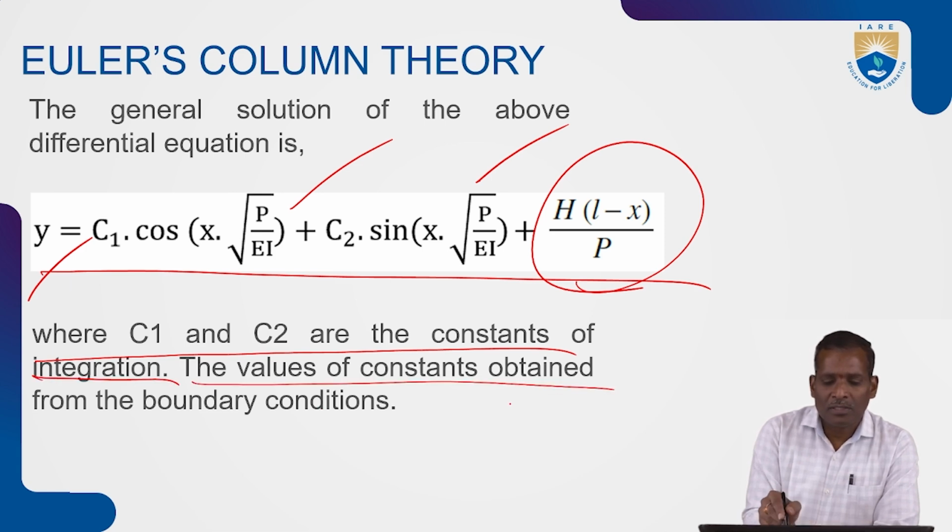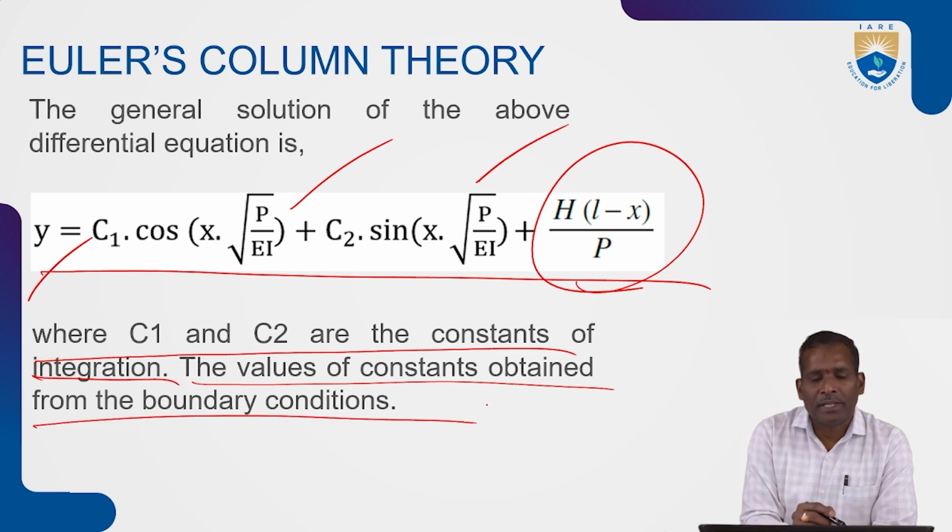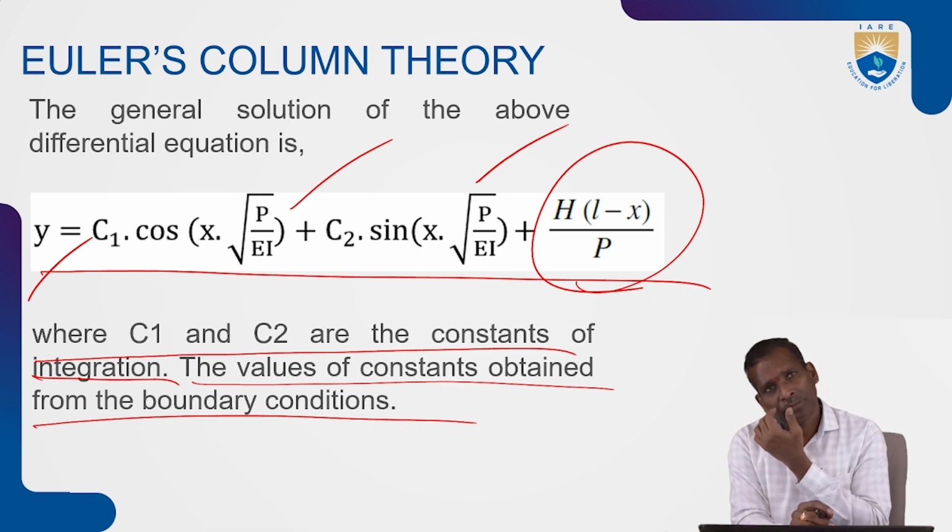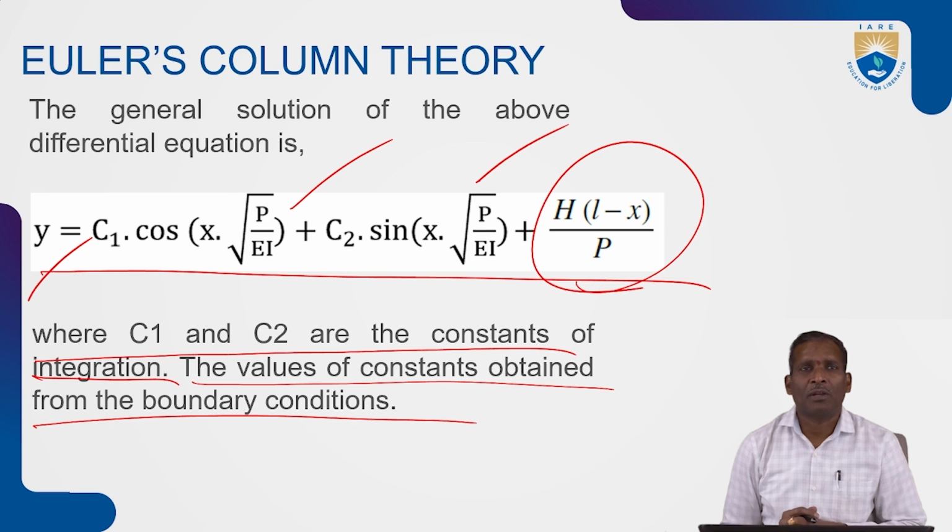The values of the constants are obtained from the boundary conditions, and after getting the C1 and C2 values, we substitute again in this equation.